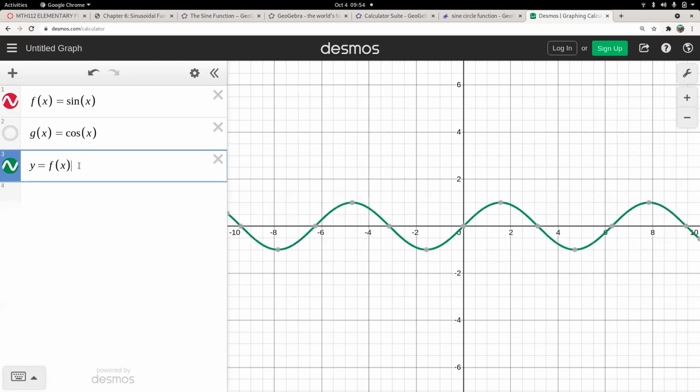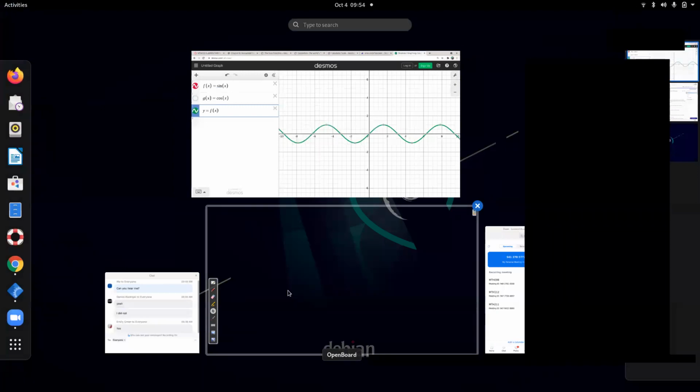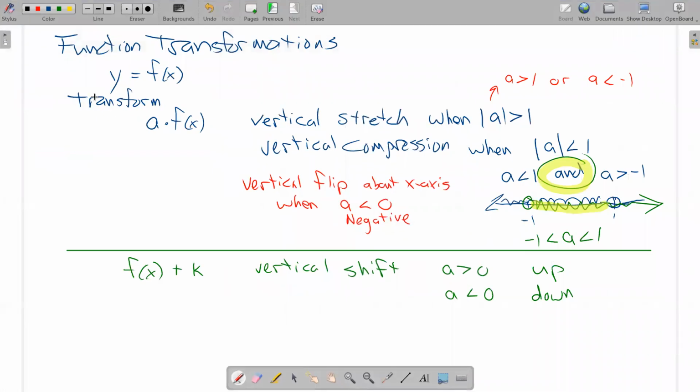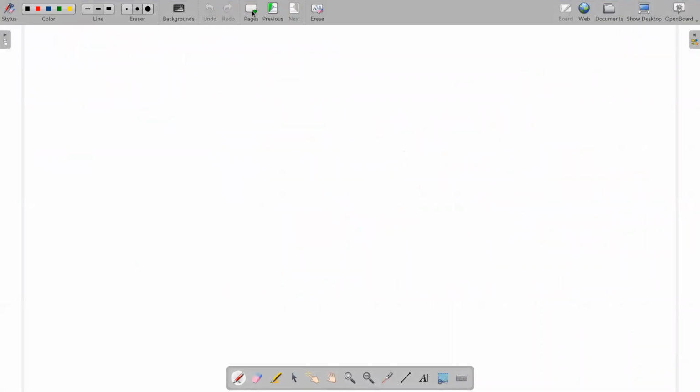What if instead I put the x inside the parentheses? You may remember this from your work in math before. So, horizontal transformations.